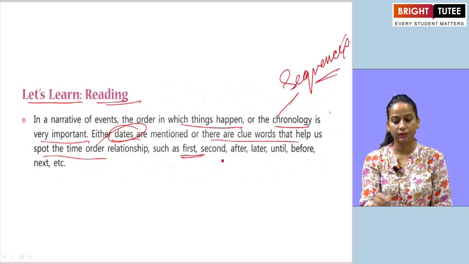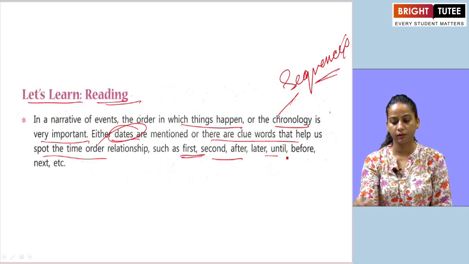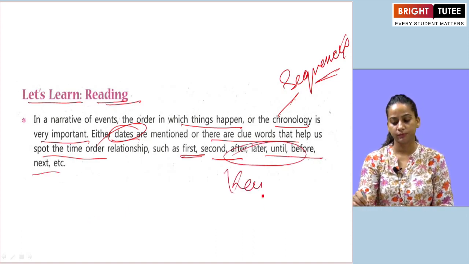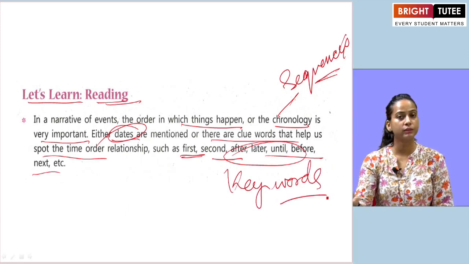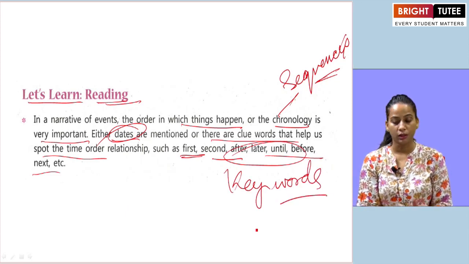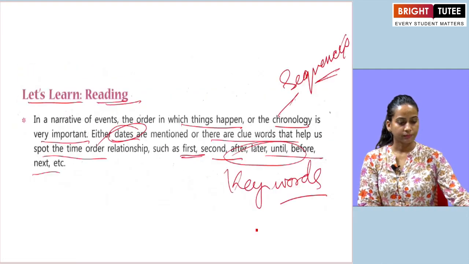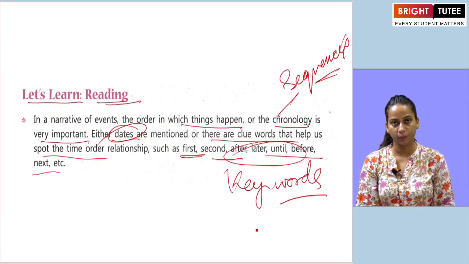Such as first, second, after, later, until, before, next. All these are the keywords or hint words, which we can use to arrange the text in chronological order or in the proper sequence. So, based on that, we are going to do the practice.